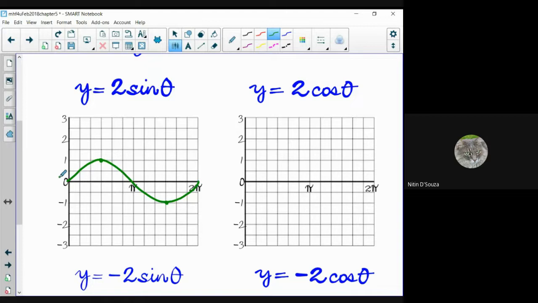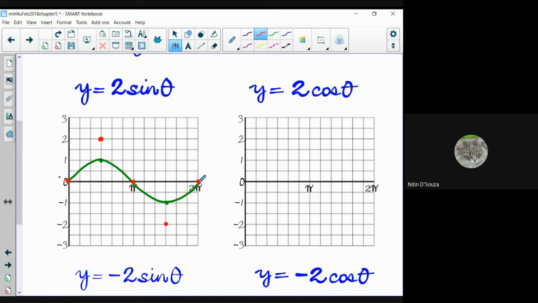That's the base graph. This 2 is telling us that all the y values get multiplied by 2. So it's easier to do it with almost like a mapping. So 0 times 2 is 0. 1 times 2 is 2. 0 times 2 is 0. -1 times 2 is -2.